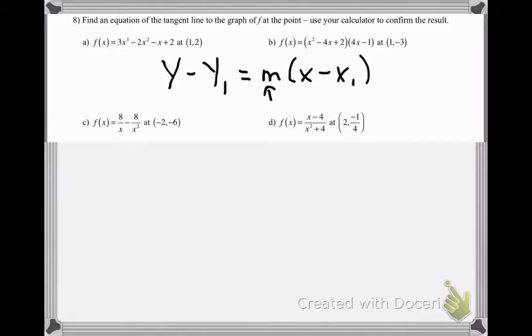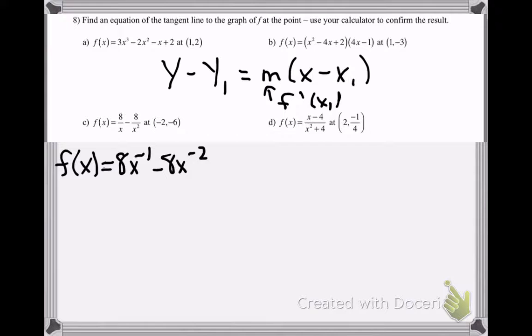Where am I going to get that slope? I'm going to get it at the derivative of x1. Okay. So first things first, I need to take the derivative of that function, and I need to evaluate it at negative 2. As we've done before, when we have variables in our denominator, we are definitely going to want to rewrite this using negative exponents. So instead of saying 8 over x, we'll say 8x to the minus first minus 8x to the minus 2.